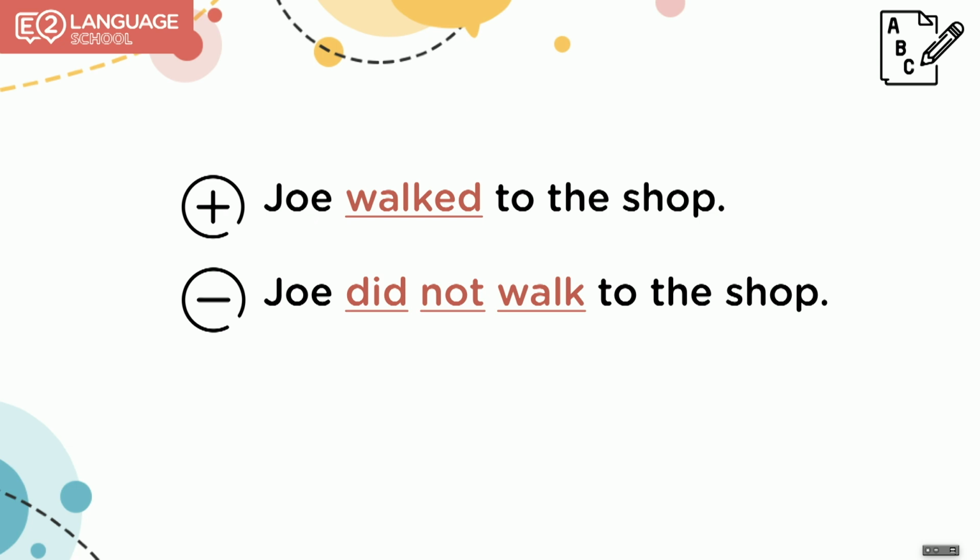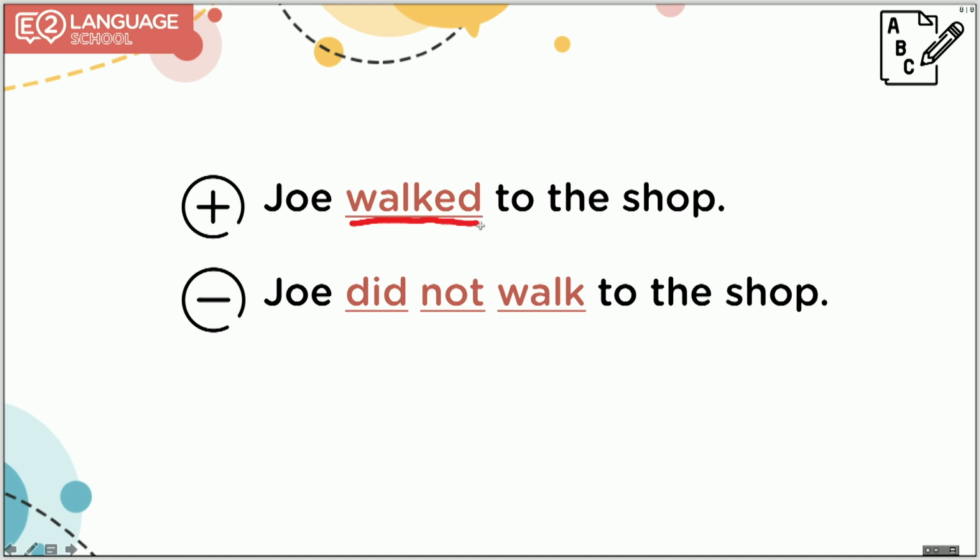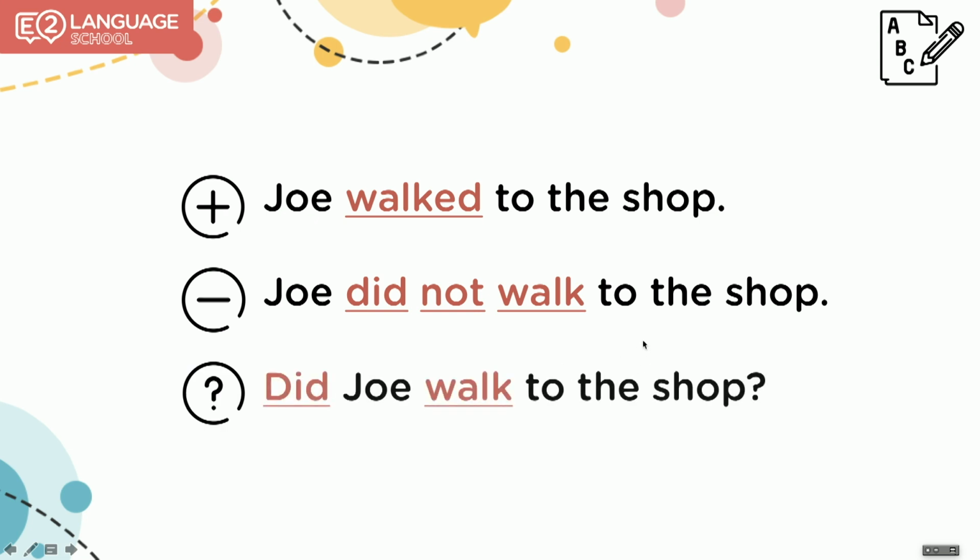See that? Let's just look at this carefully because a lot of people make this mistake. Joe walked, Joe did not walk. No ed here, right? Not did not walked, did not walk. And for a question, we have did Joe walk to the shop?